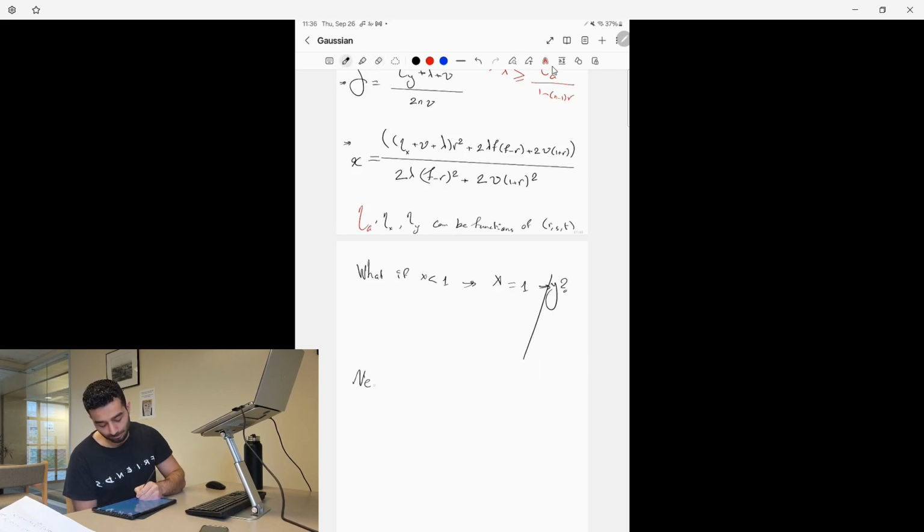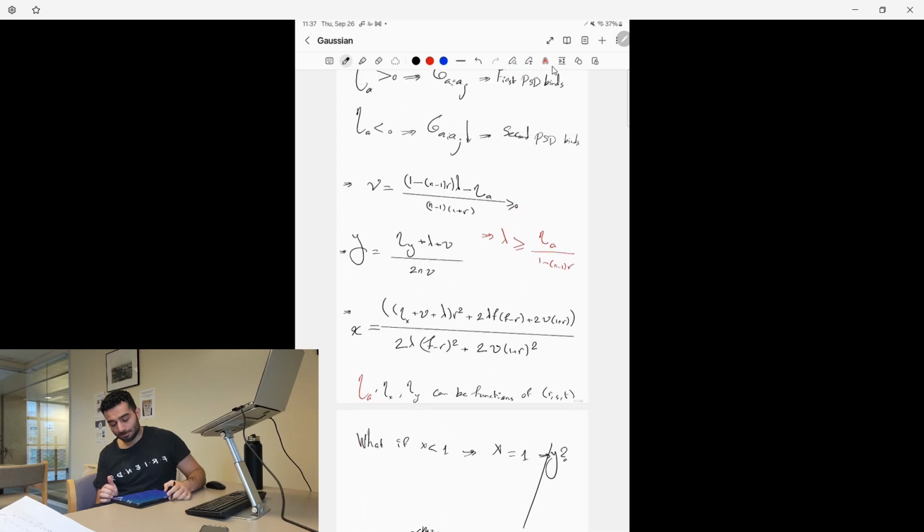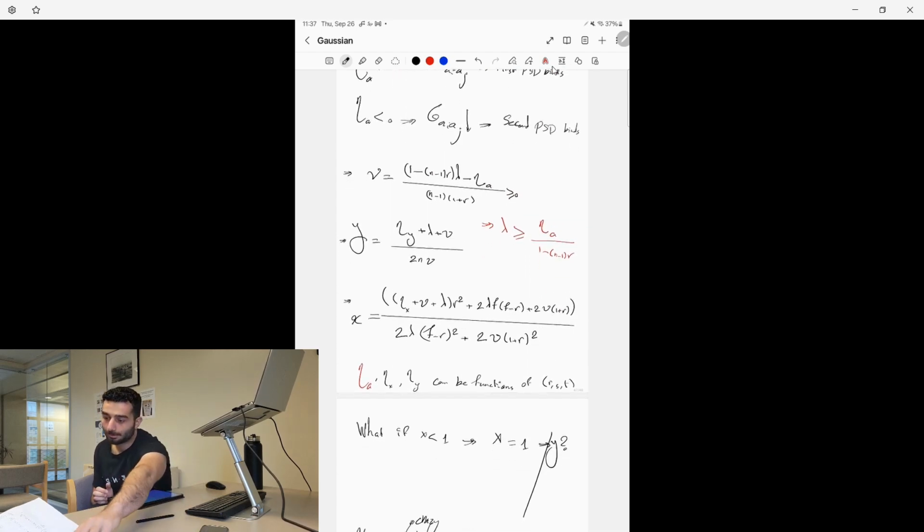The new objective, which is a crazy objective, with and without the x greater than 1 constraint, we want to see how the value changes, which is the negative of welfare. I want to also say, so x is 1, let me add it here.